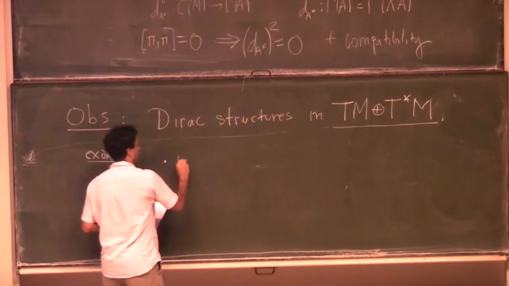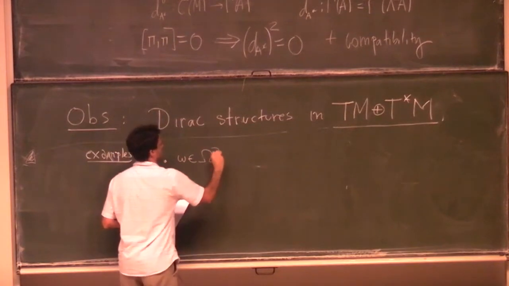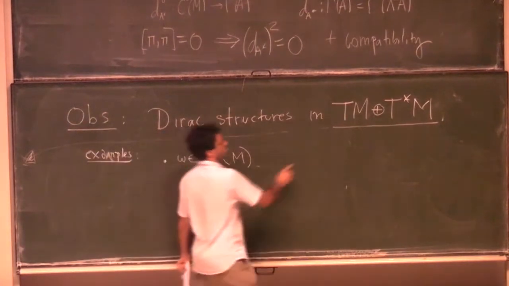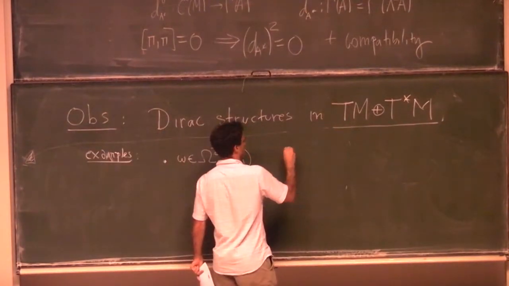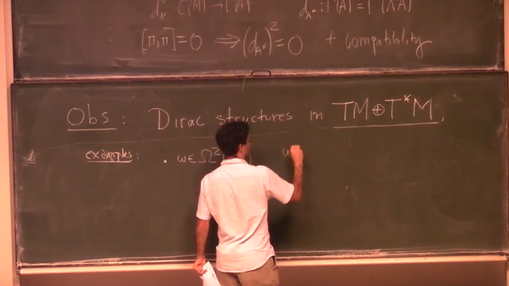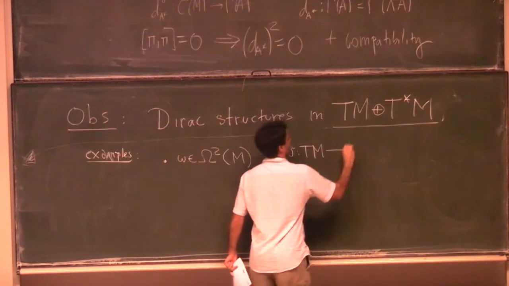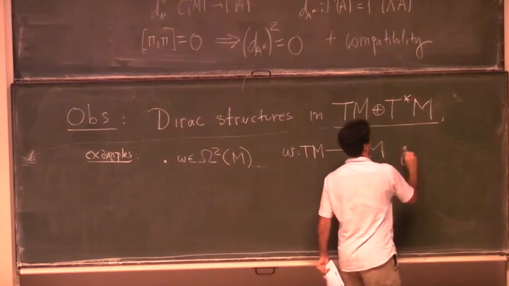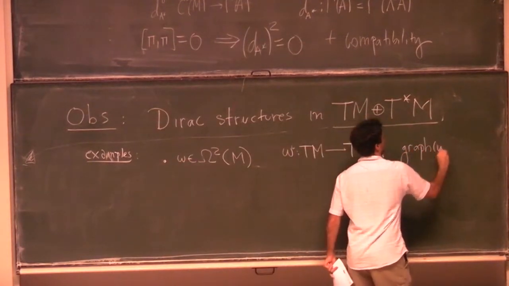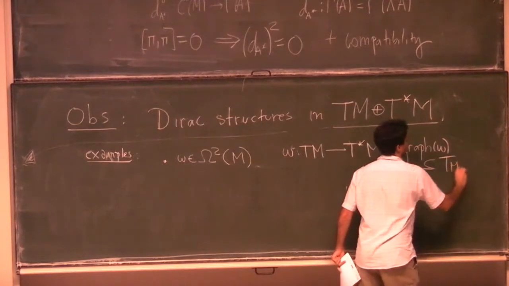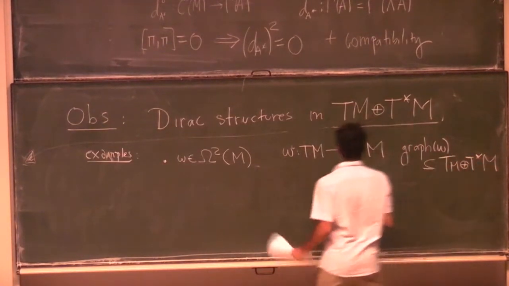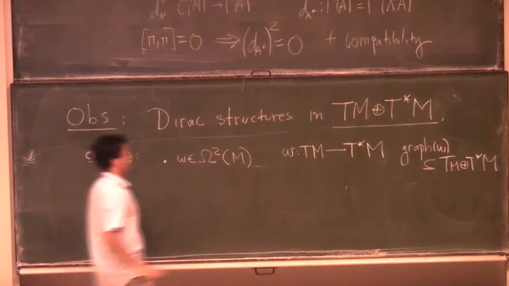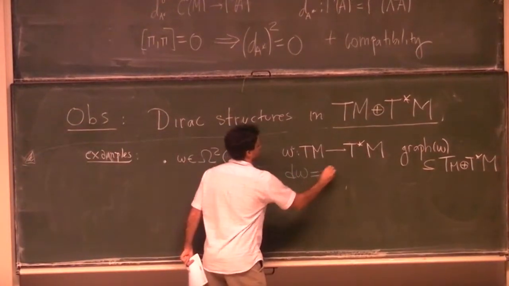First of all, you can represent two forms on the manifold in terms of Lagrangian subbundles here, just by looking at the map that they define by contraction, and then looking at the graph of this map inside TM plus T star M. And in this case, the involutivity condition with respect to the Courant bracket amounts to the two form being closed.